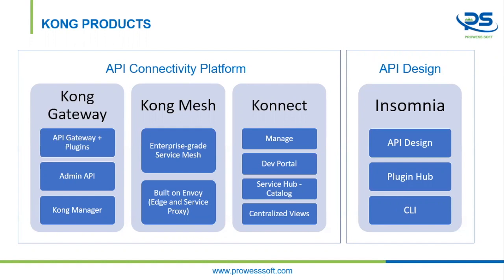This component of Insomnia is helpful in integrating with CI/CD platforms. Along with API design and the command line interface, there is a plugin hub which can be used to extend functionality on Insomnia.